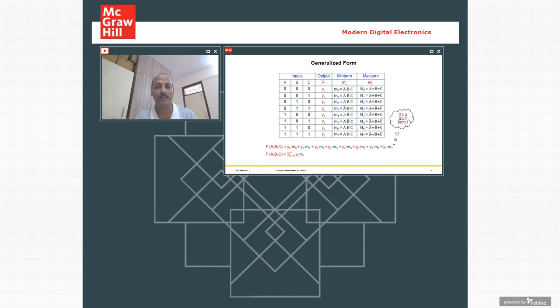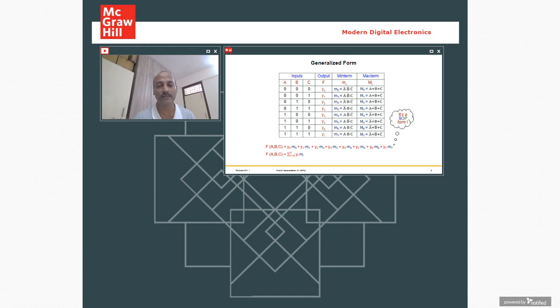So in mathematical format, how can we represent it? It is a function. The output expression is a function of three variables or three literals called A, B and C, and we can represent it using summation, i from 0 to n. This n can be the number of the last row in your truth table.